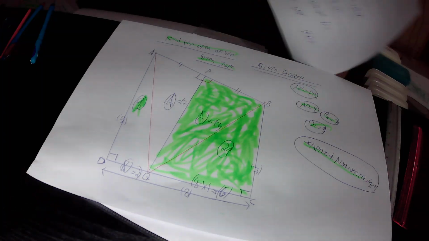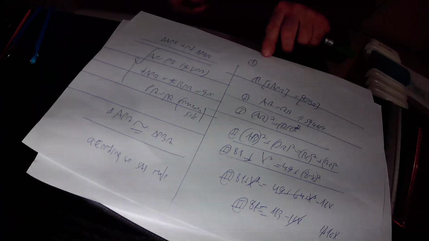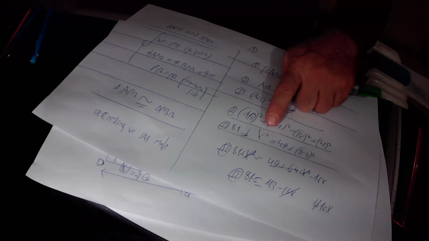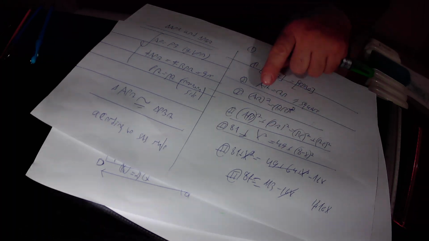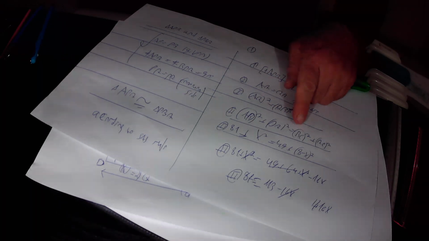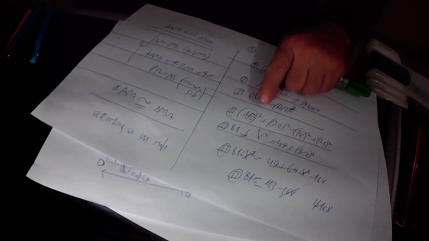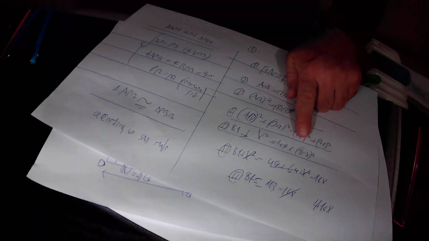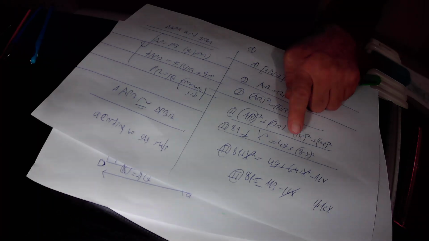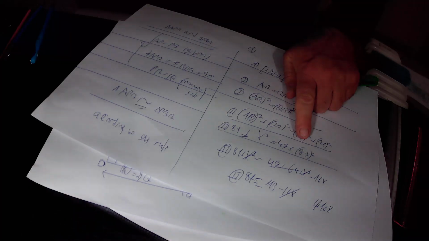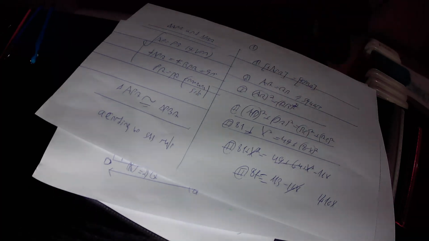So we know that 81 plus x square equals 49 plus 8 minus x square. So 81 plus x square equals 49, and 8 minus x square equals 8 square, that is 64, plus x square minus 2 times 8 times x, that is minus 16x.